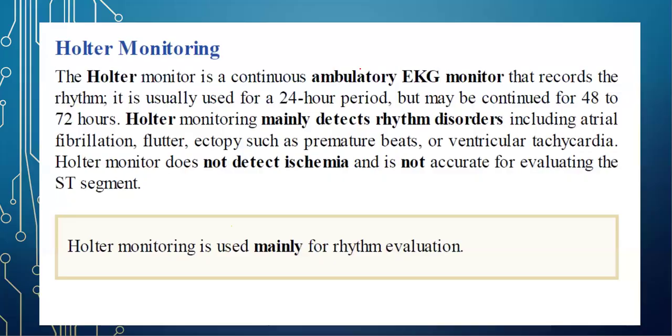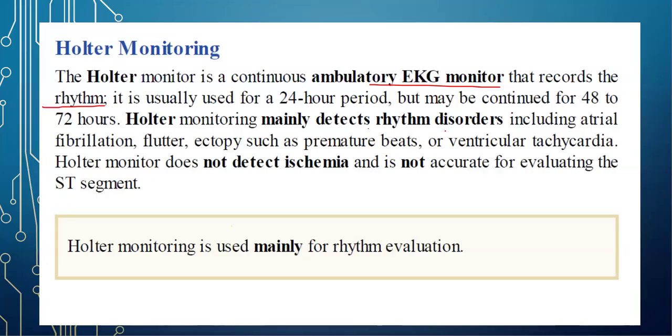Time to time, you will also see Holter monitoring in the options. Please do not choose Holter monitor as your answer in a chest pain patient. So Holter monitor is a continuous 24-hour ambulatory ECG monitor that records the heart rhythm.